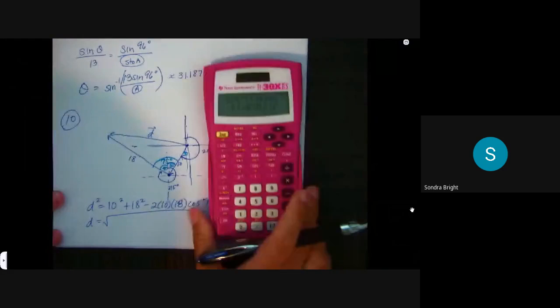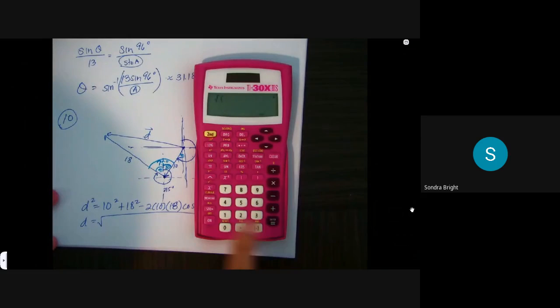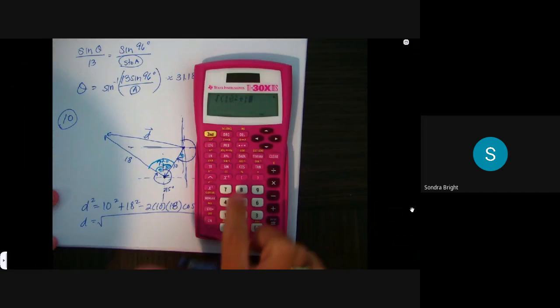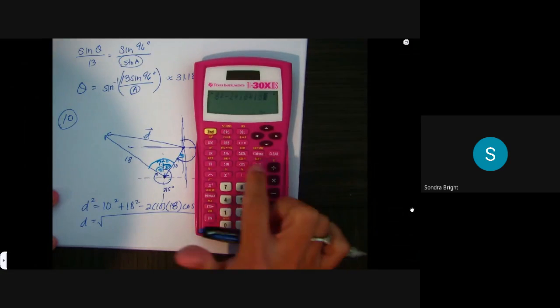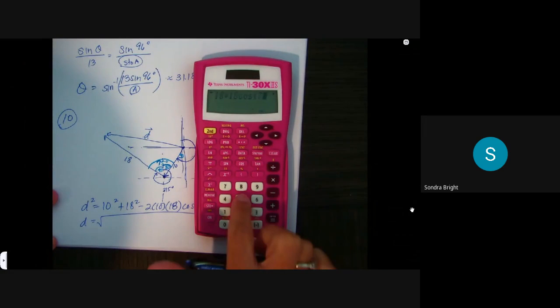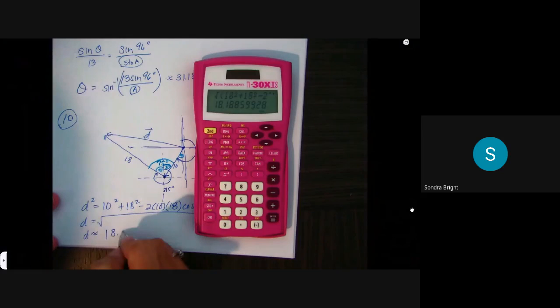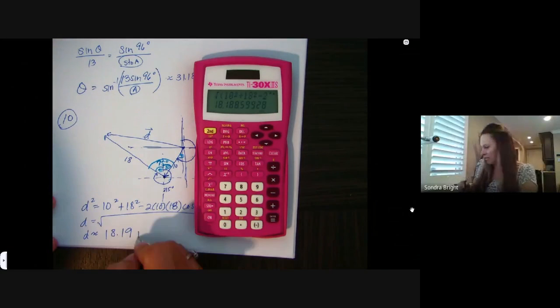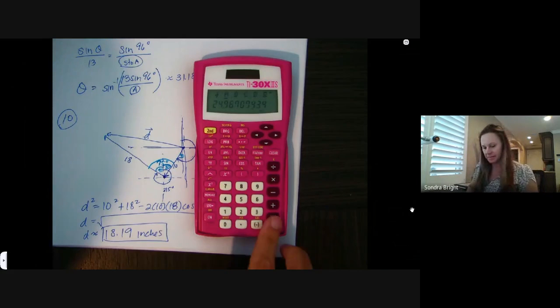It'll be the square root of 10 squared plus 18 squared minus 2 times 10 times 18 times the cosine of 75. And you end up getting that D is about 18.188, so I would say 18.19 inches. Now I'm going to need that value, so I'm going to store it, stored under A.